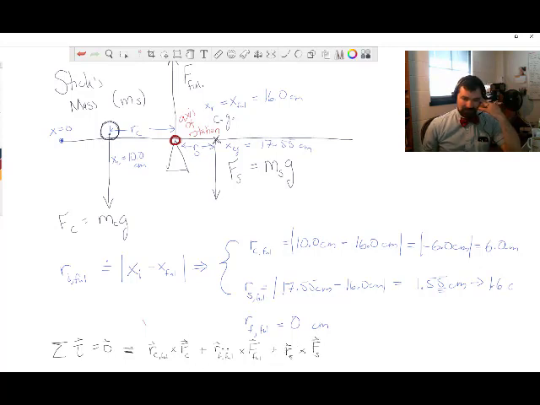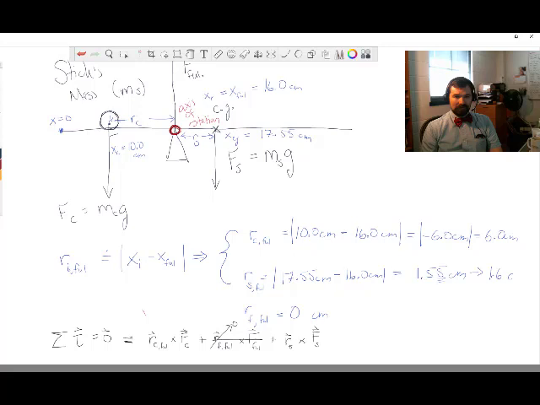Okay, and this one right here we already established was 0, so this whole term is going to go away. These cross products basically just mean multiply the distance, multiply the force, and then multiply the sine of the angle. These angles are all basically 90 degrees, but this 90 degrees and this 90 degrees don't give the same result.